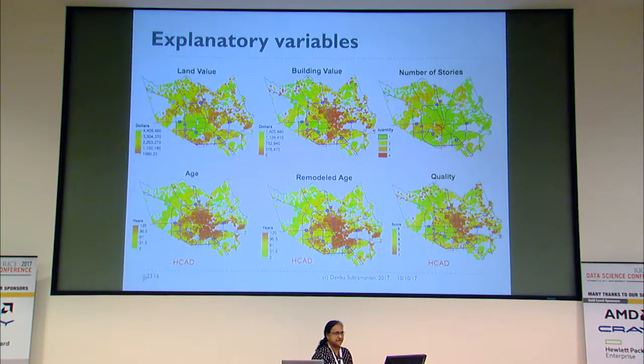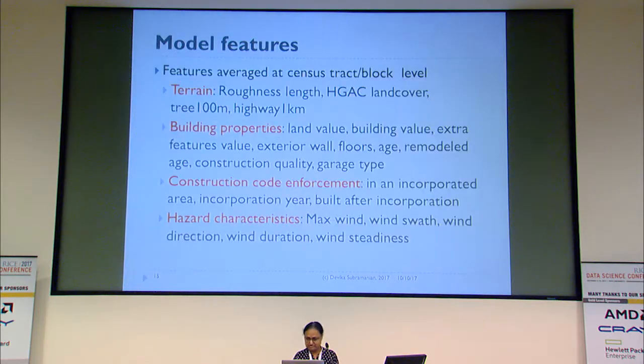So the explanatory variables that I showed you, I just want to run through a couple of them. Notice that the homes that were damaged tend to be not very good. I mean, the building value is pretty low. They're old buildings, and they're of generally lower quality. So even at this level, you can begin to see that there's some logic to these.